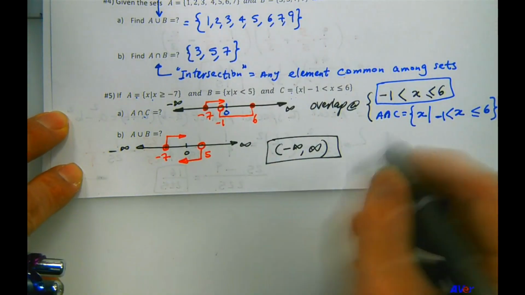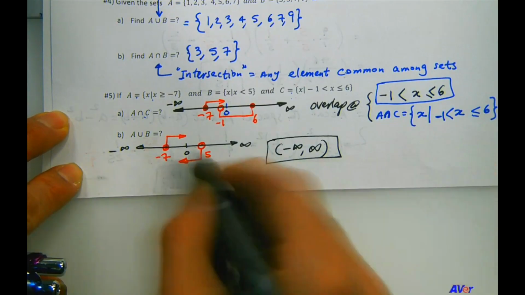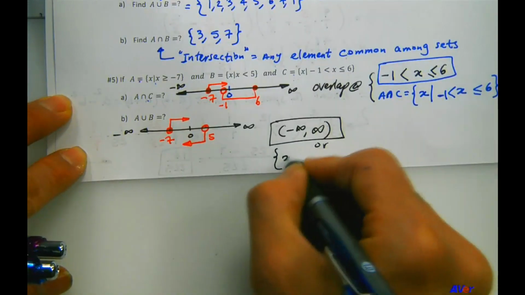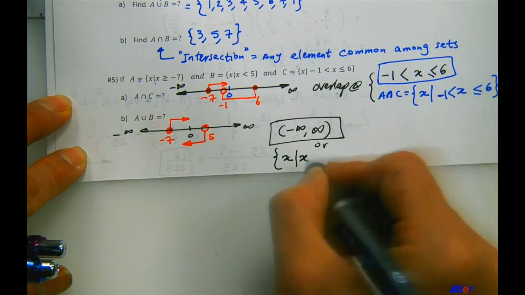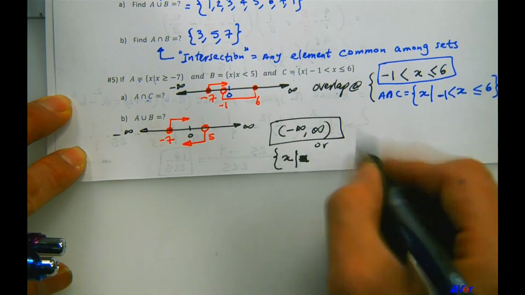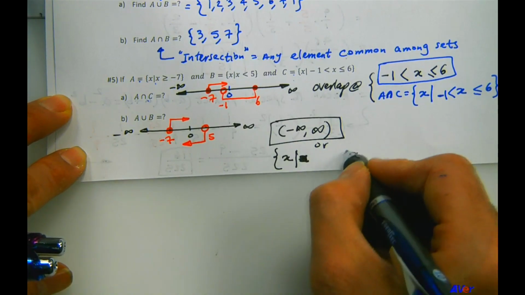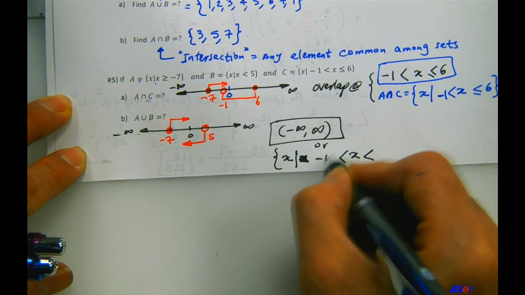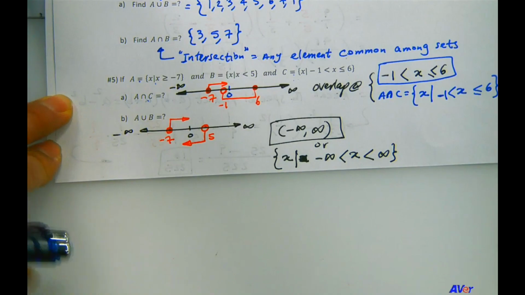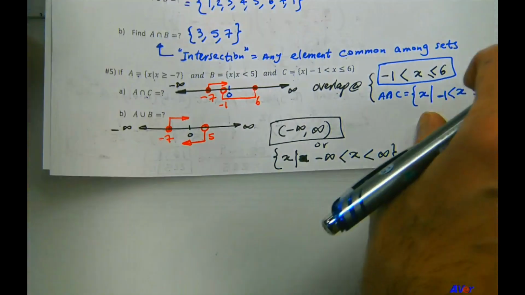Or you can say, since they're giving us the set notation, X such that X is between negative infinity and positive infinity, like that. Okay.